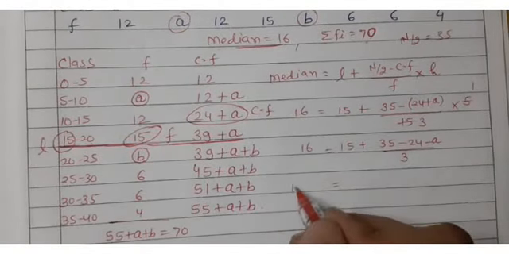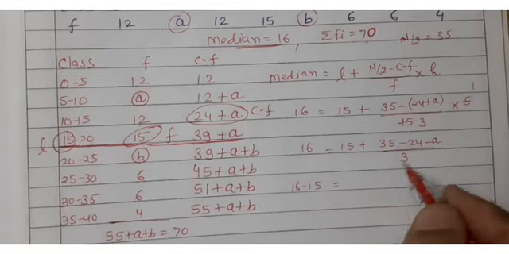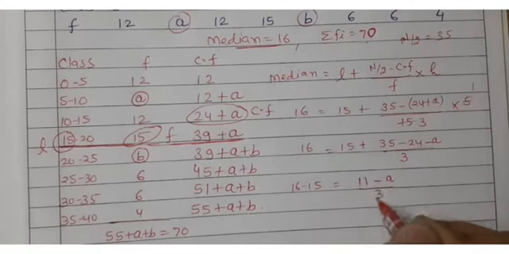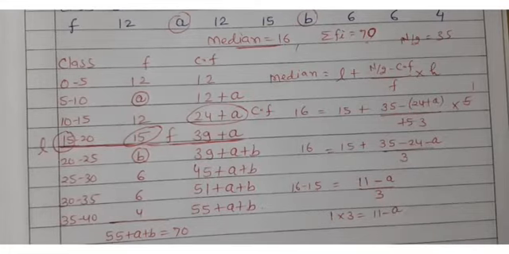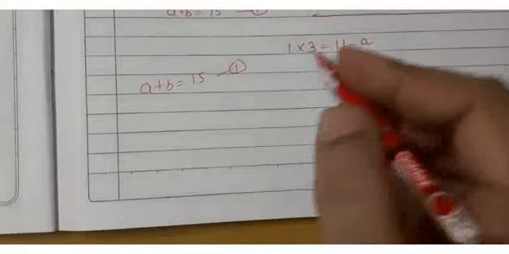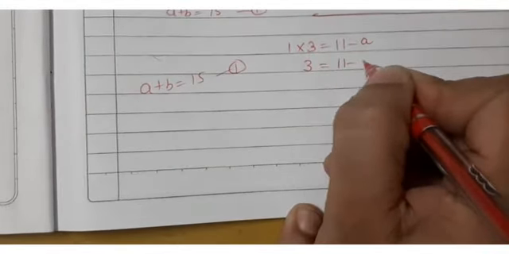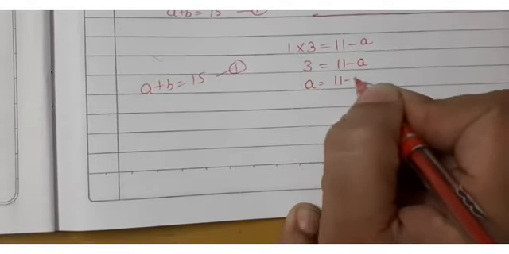Then send 15 to that side: 16 minus 15. And here 35 minus 24 is 11, no? 11 minus A. 16 minus 15 is 1, no? 1 into 3 equals 11 minus A. So 1 3 is 3, 3 equals 11 minus A. Send A this side and send 3 that side.